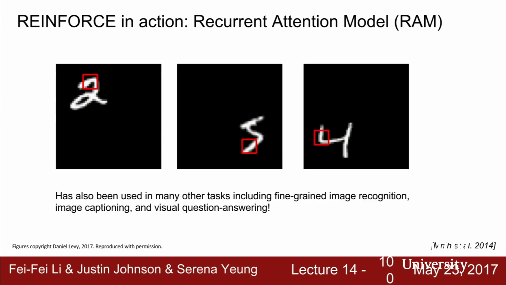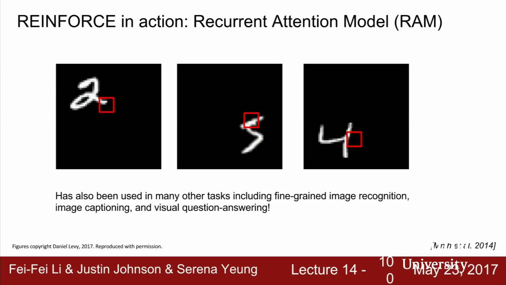This has also been used in image captioning. If we're going to produce a caption for an image, we can use this attention model to generate the caption. What it usually ends up learning are policies where it focuses on specific parts of the image in sequence, and as it focuses on each part, it generates some words of the caption referring to that part of the image.